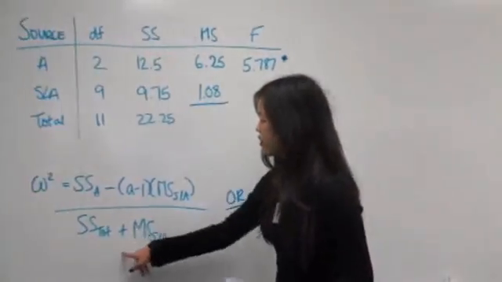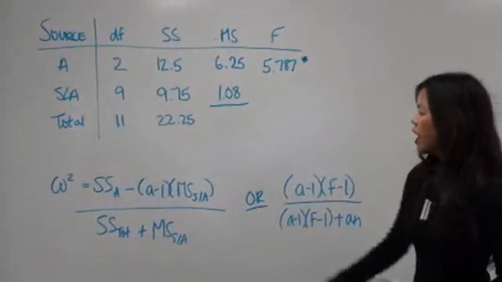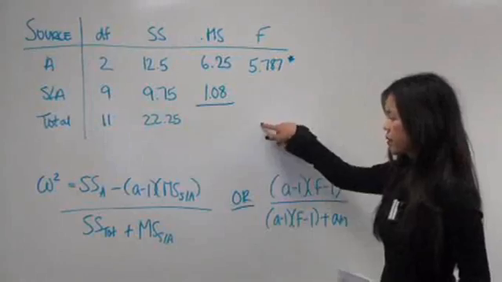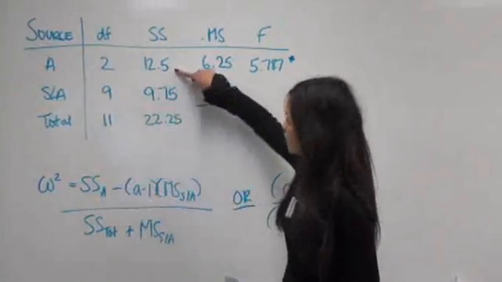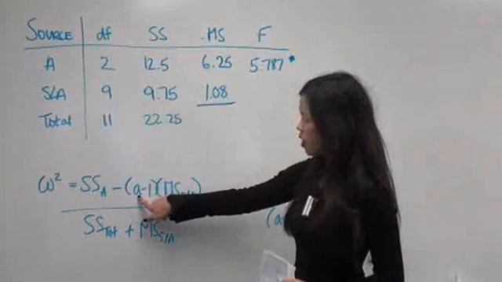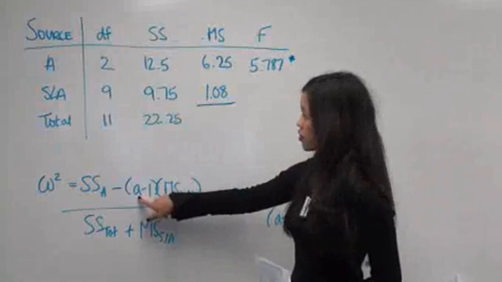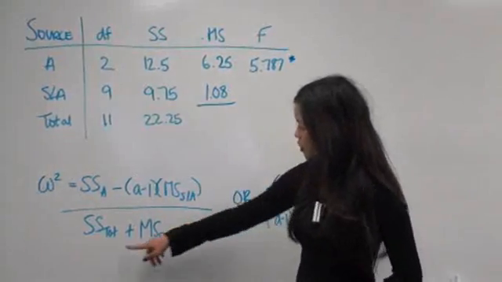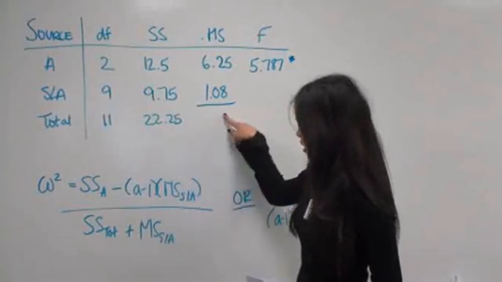So these are the equations that you can use for omega squared, and you'll actually get the same thing. All this information I'm taking from my source table. Sum squared between is this number. Number of groups of A, which is 3, minus 1 is 2. This is your error term, divided by the sum squared total, and the error term again.